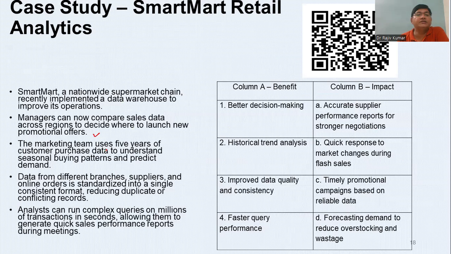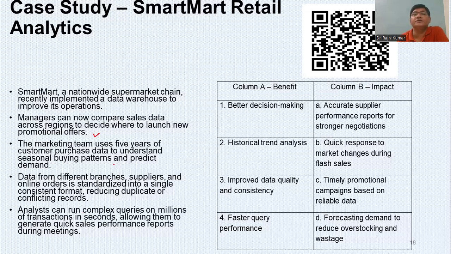The marketing team uses 5 years of customer purchase data to understand seasonal buying patterns and predict demand. Data from different branches, suppliers, and online orders is standardized into a single consistent format, reducing duplicate or conflicting records. Analysts can run complex queries on millions of transactions in seconds, allowing them to generate quick sales performance reports during meetings.